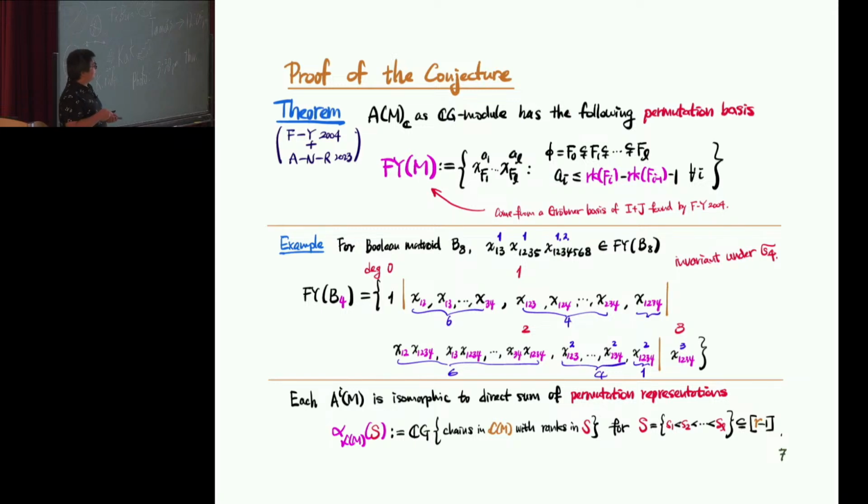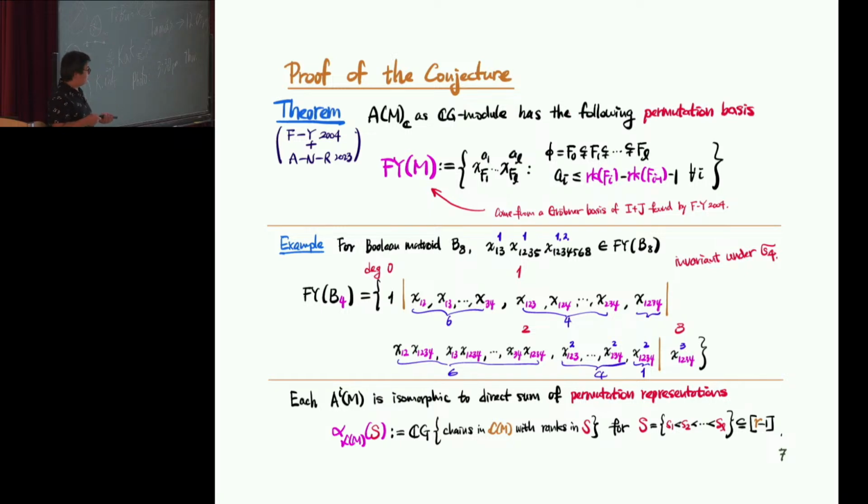So the Chow ring has a monomial basis, and these monomial basis elements are indexed by chains inside your lattice of flats, and their exponents have some restrictions. This is an example for the Boolean matroid when n equals 8, and this is a basis element. Basically, it says that for the corresponding chain, the first flat in the chain needs to have rank at least 2.